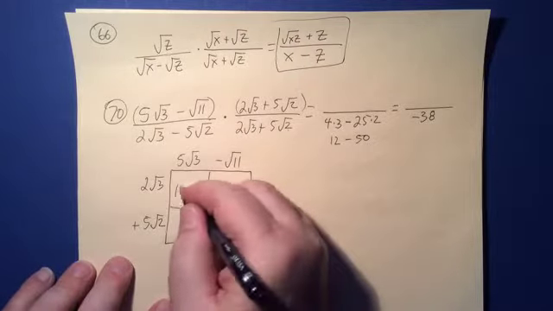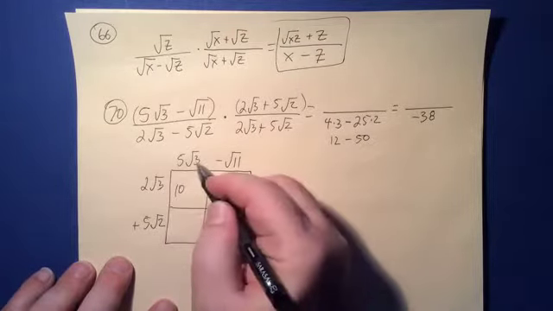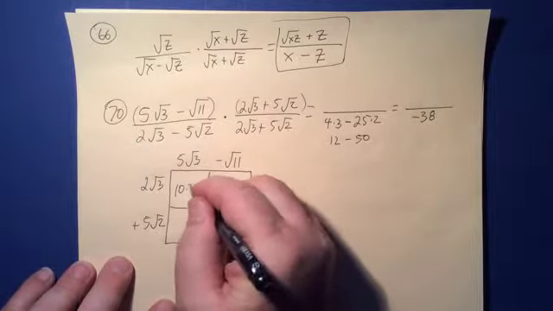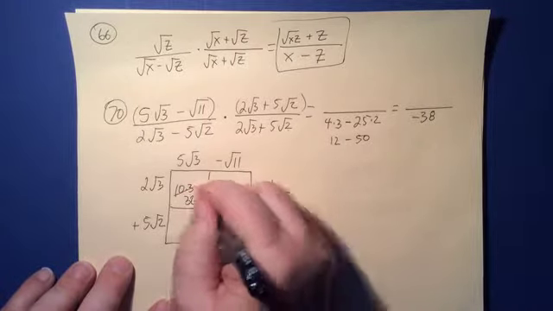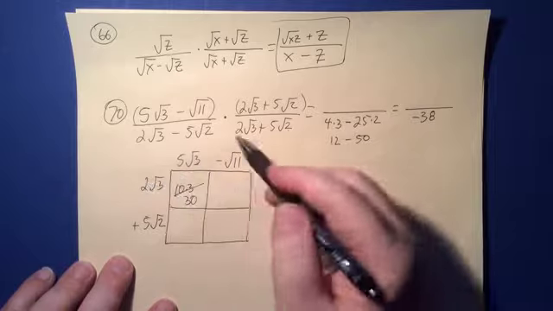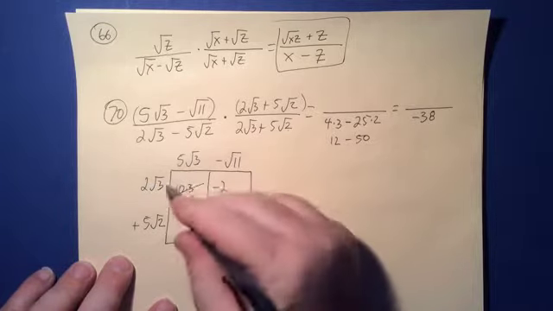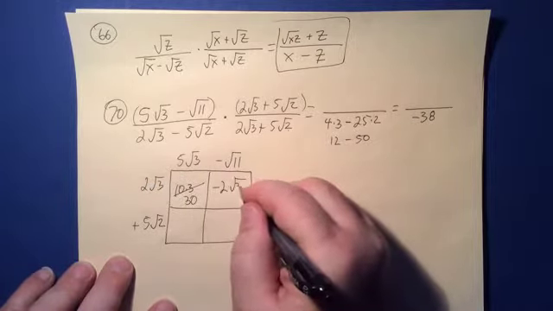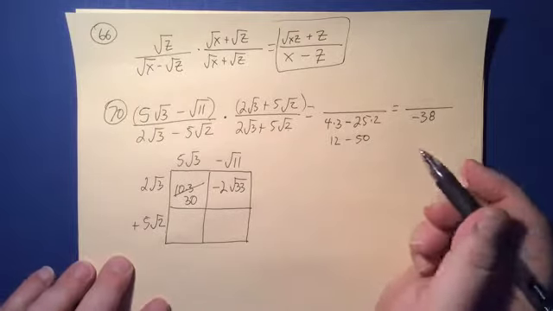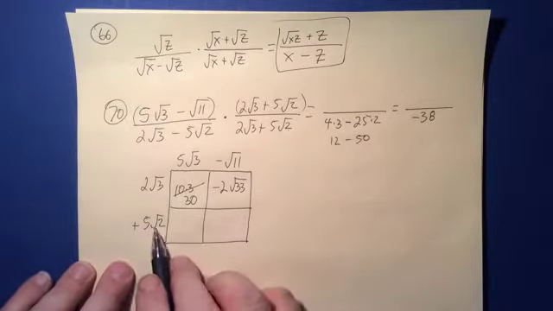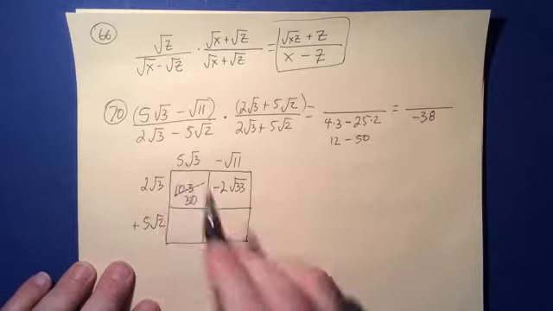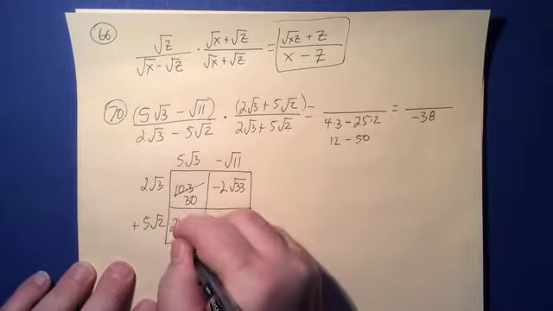So 5 times 2 is 10. Now radical 3 times radical 3 is 3, so this is going to be 30. 2 times negative 1 is negative 2. Radical 3 times radical 11 is radical 33. Not much we can do to simplify that. Here we'll have 5 radical 2 times 5 radical 3. Well, 5 times 5 is 25.